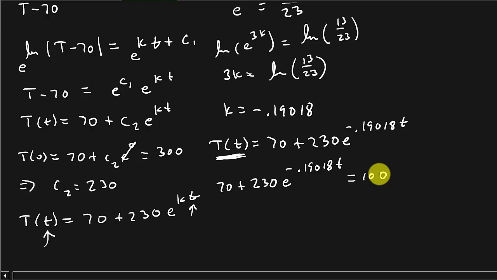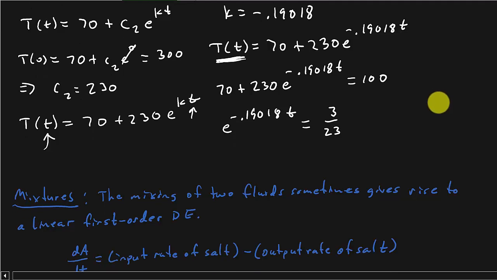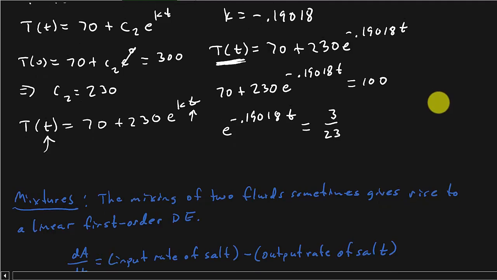Okay, so that's going to give me e to the negative 0.19018 t is equal to 3 over 23. And then when I take the natural log of both sides, I'm going to get t is equal to the natural log of 3 over 23 divided by negative 0.19018.